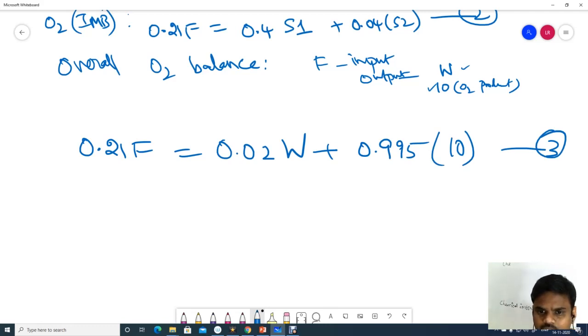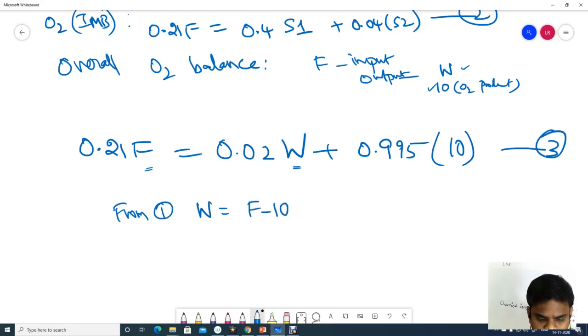Okay, so we can replace W by F. From 1, we have W is equal to F minus 10.